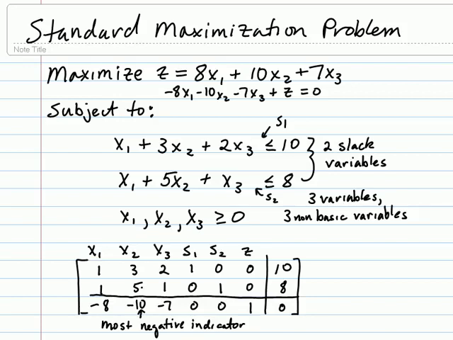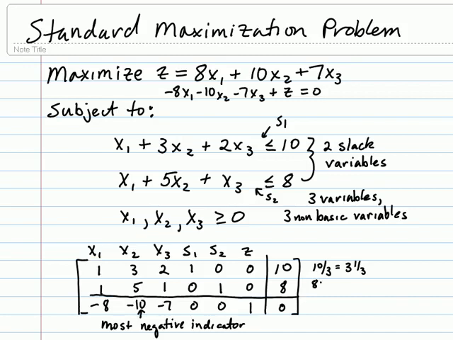To find out whether we pivot on the 3 or the 5, we must come up with the corresponding ratios by taking the constant and dividing it by the entry in the pivot column. So our first ratio is 10/3, which is 3 1/3.